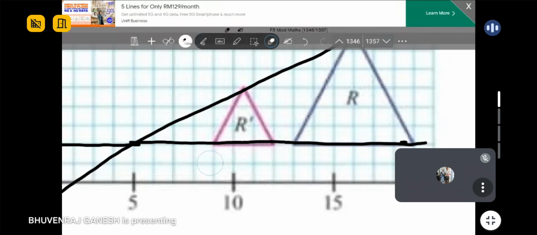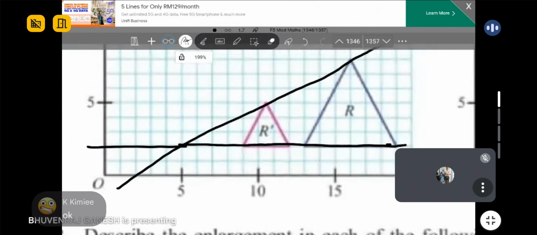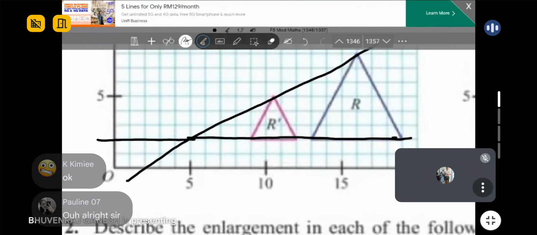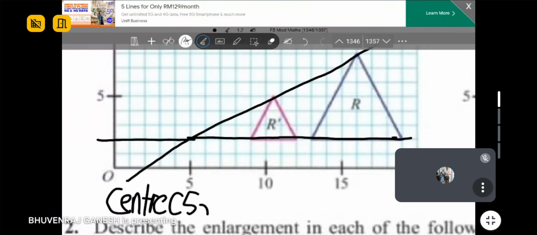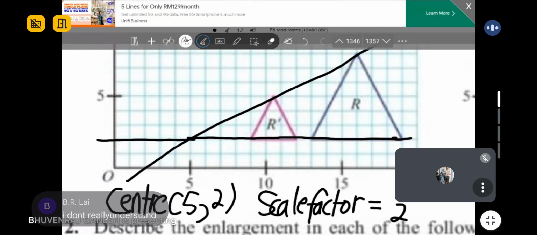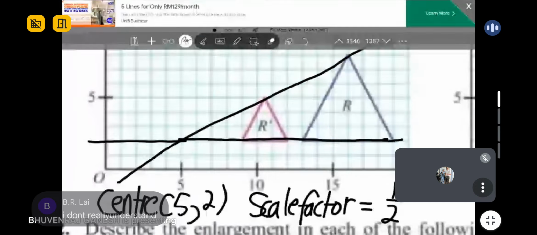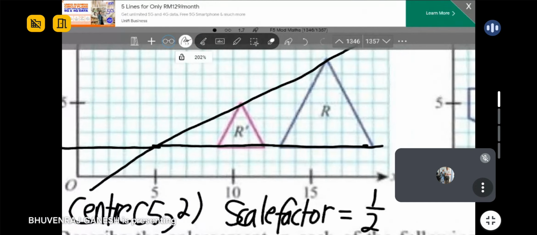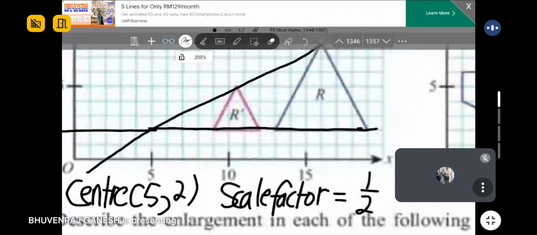For those who asked just now, you should get half. So the center is (5, 2), and then the scale factor is half. Sorry, mistake.